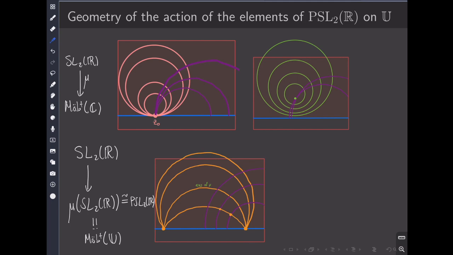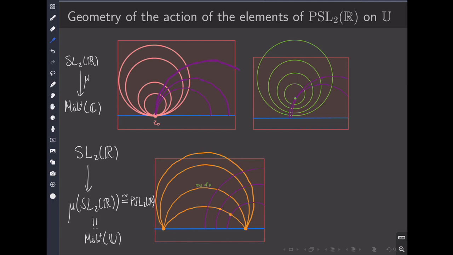That's more challenging. The first thing to notice is that if you give me a parabolic Mobius transformation that preserves U bijectively, then the fixed point has to be in R bar.